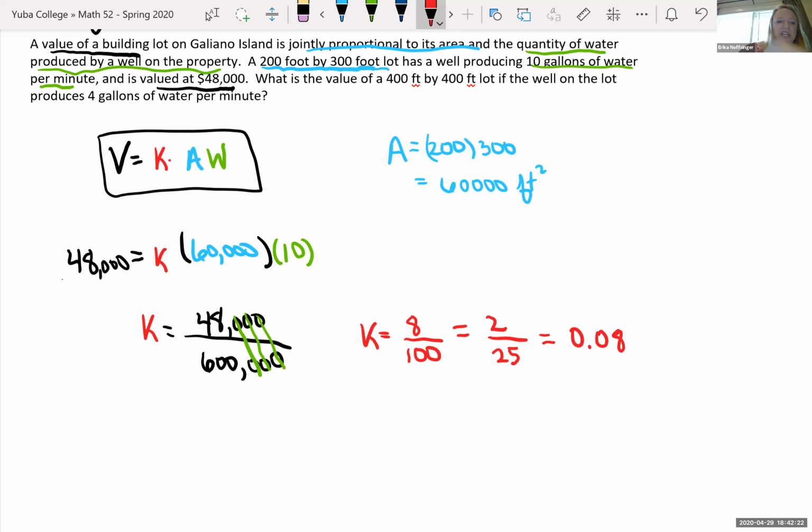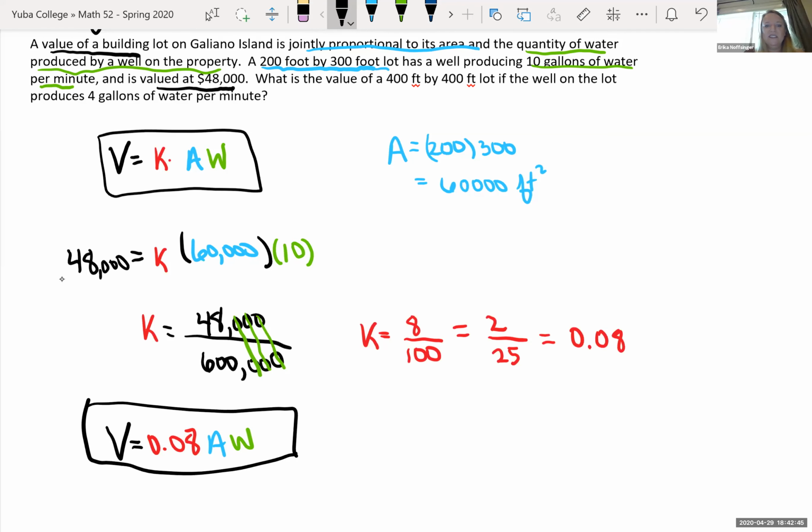Okay, so now we actually have the value of a lot on this island, depending on what the area of that lot is and what the well water rate is. And so we're going to use this formula to answer what they ask. So we want the value of a 400 foot by 400 foot lot.